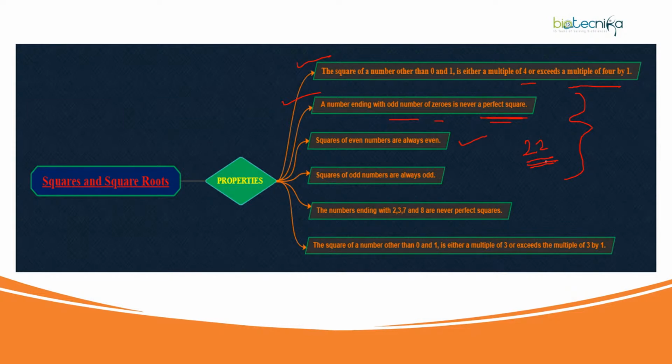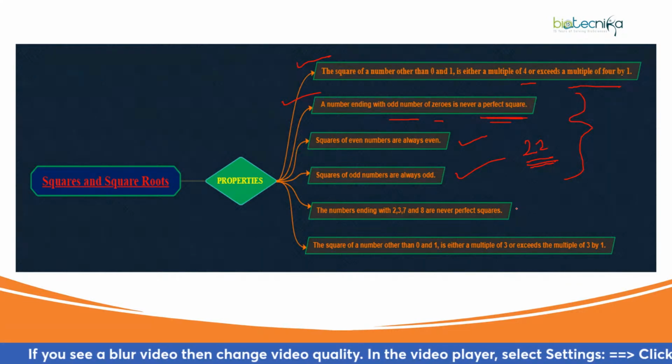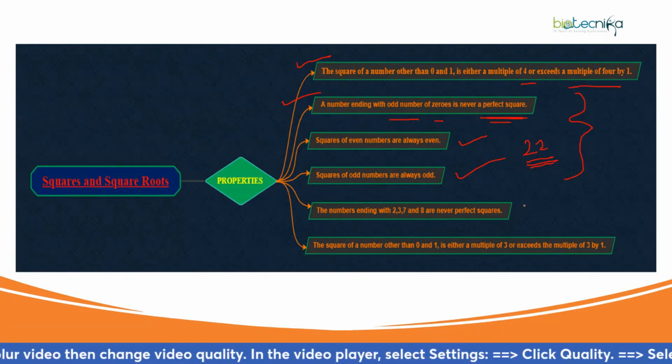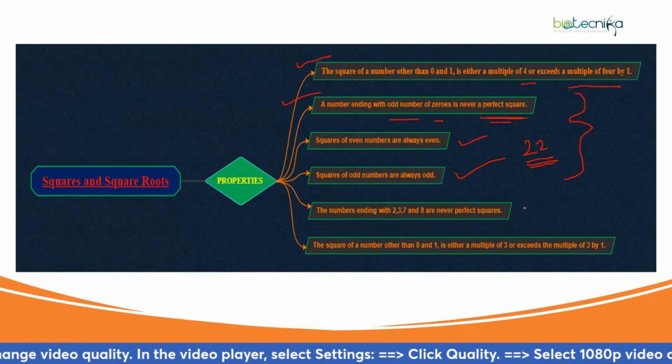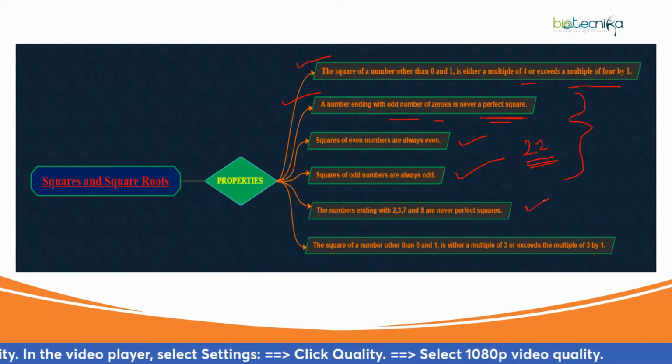Now square of odd numbers, even number का square अगर always even आता है तो odd number का squares भी always odd आएगा. Okay, understood?